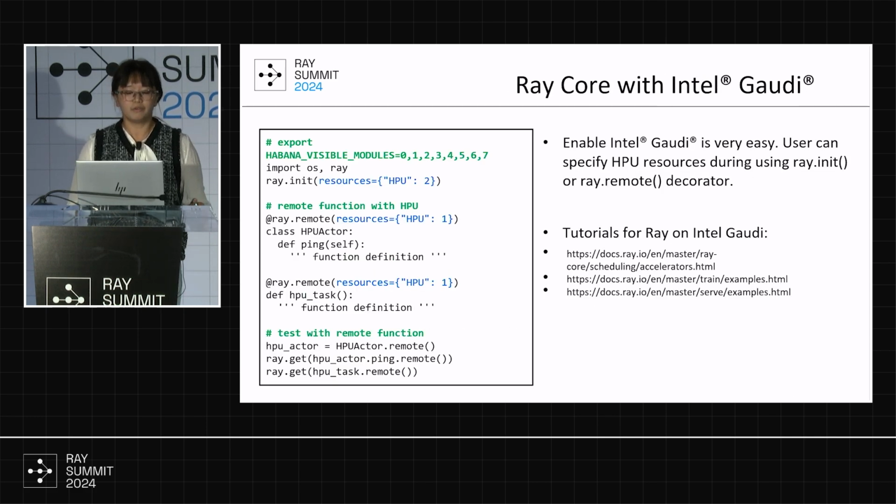Okay, so how to enable Ray with Ray Core? It's pretty simple: you specify the resource you assign to HPU in Ray init, or you use the Ray remote decorator to specify HPU resources for different functions or classes.